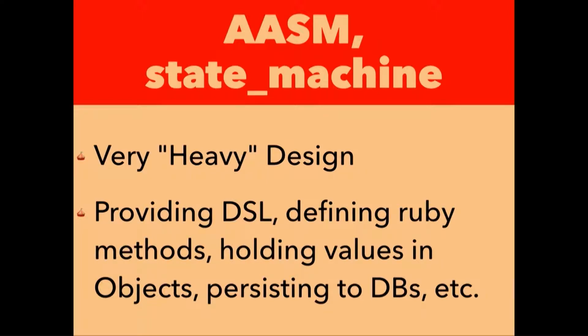I mean, it's very heavy in design. They had to implement everything, like providing a DSL and defining Ruby methods and scopes, holding values inside objects and persisting them to DBs, etc.